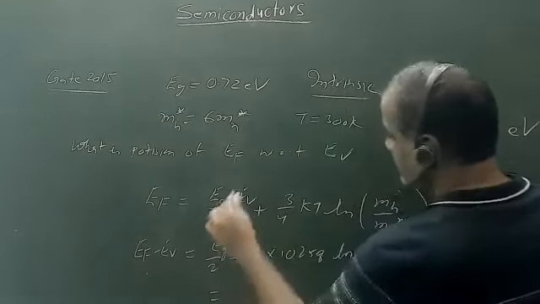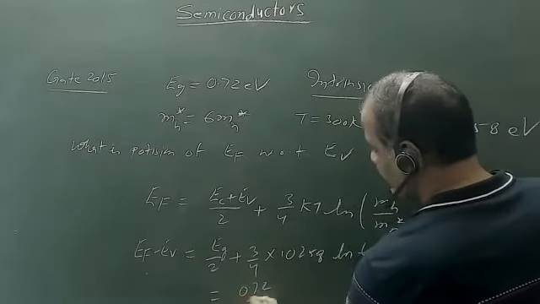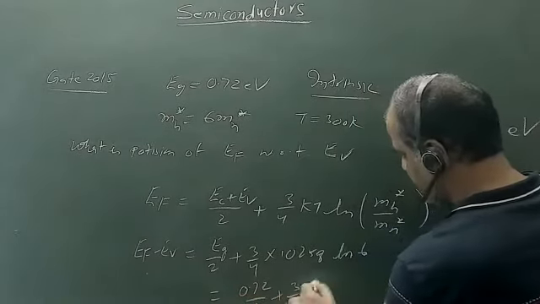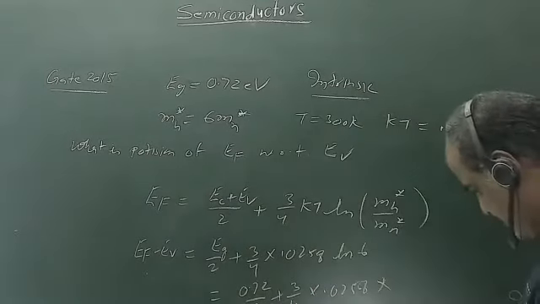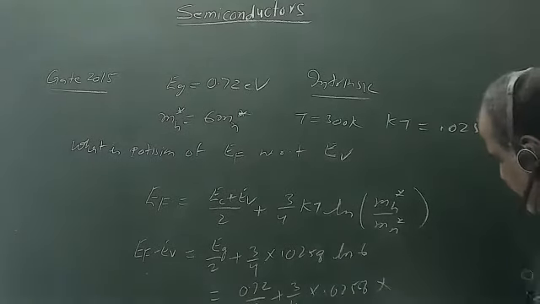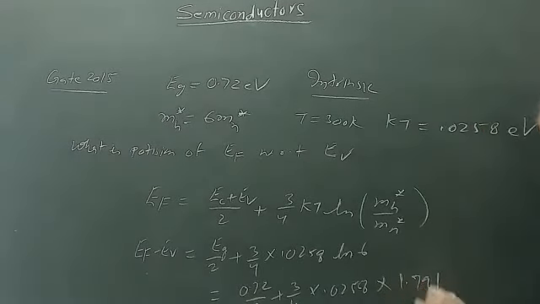So this becomes 0.72 by 2 plus 3/4 times 0.0258 times 1.791. You can calculate; how much is coming now?